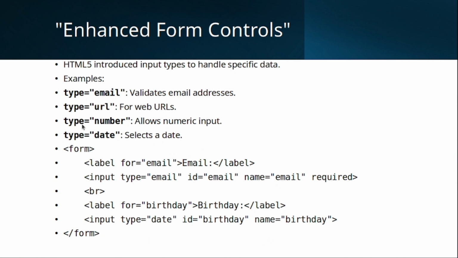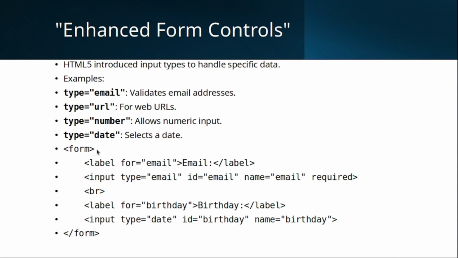We have number type, which allows numeric input. And we have date, which selects a date. As we learned in our previous lesson about forms, we learned some common types which are text and number. But in this video, you'll be learning email, date, URL.